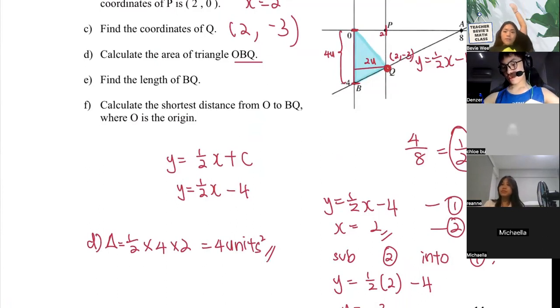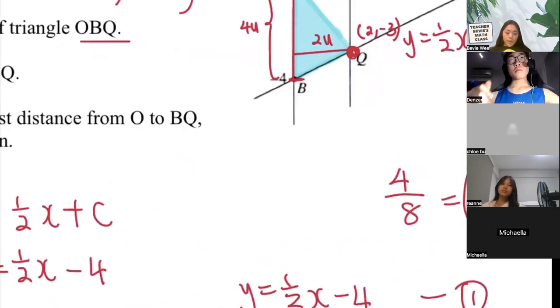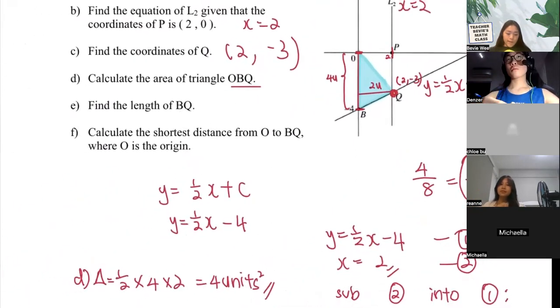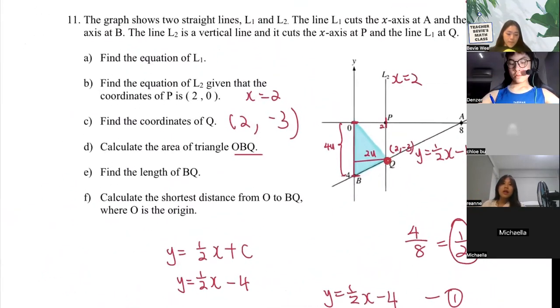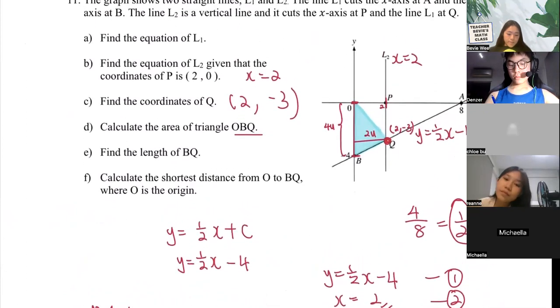Anyone lost? All okay? Okay, I want to find the length of BQ. Can you all help me? One more time. B is on the y-axis, so x equals 0.